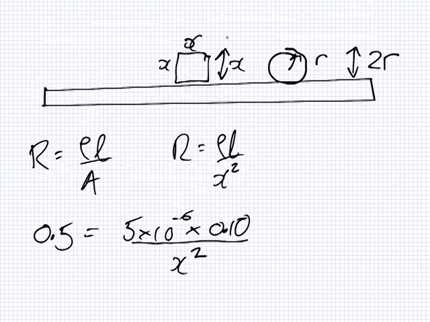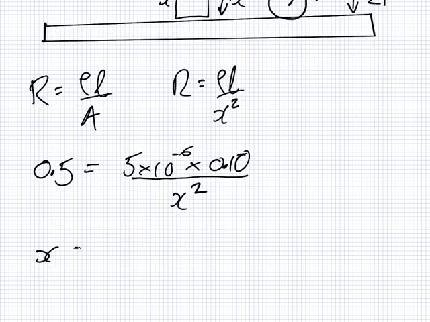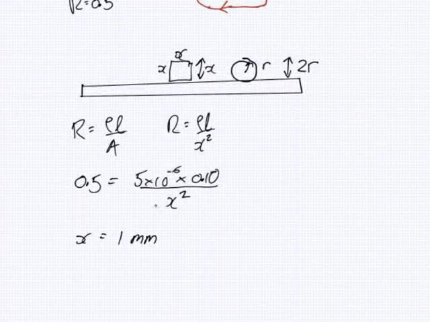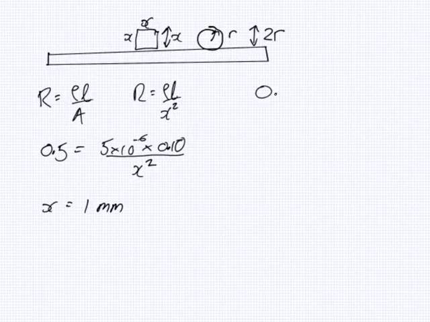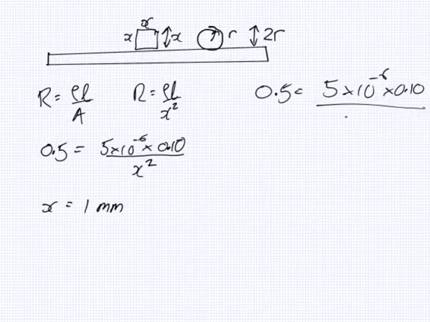Right, so here, x equals 0.001, so 1 millimeter. Now, if you're wondering what answer you would get if you made it a circle, you would get 0.5 equals 5 times 10 to the minus 6 times 0.10 all over pi r squared.